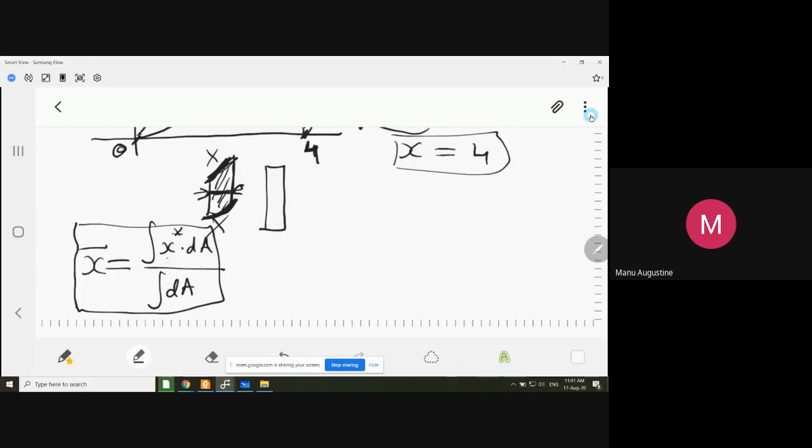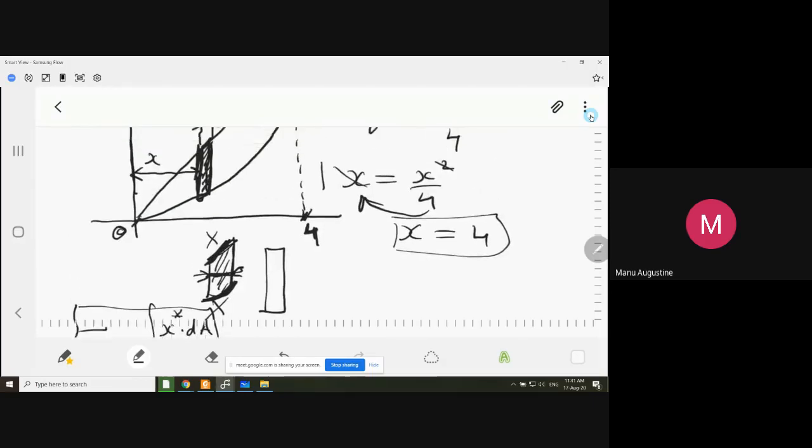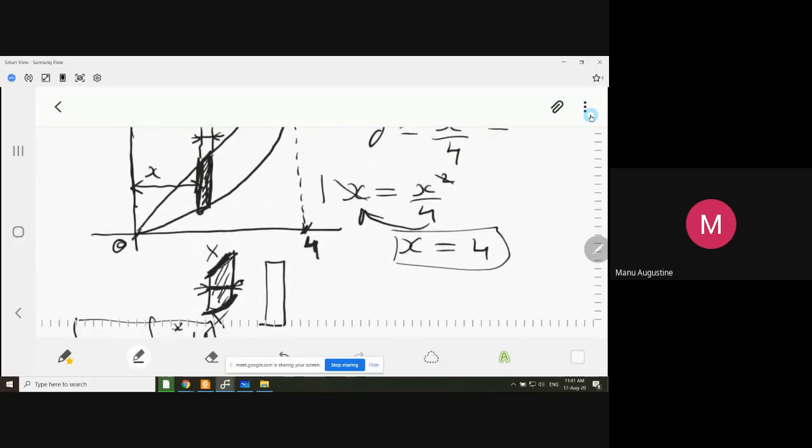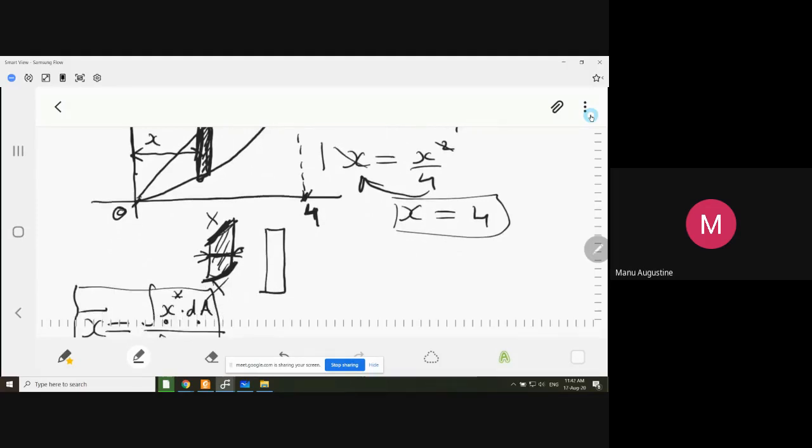What is x star? What is dA? If these two quantities are known to you, then the only thing that remains is to solve this question by integration. And integration you have to practice. If your integration formulae are not up to the mark, then please go back to your 12th class mathematics textbooks and refresh the methods of integration because that is very important.